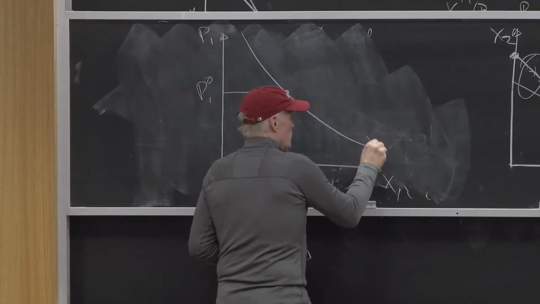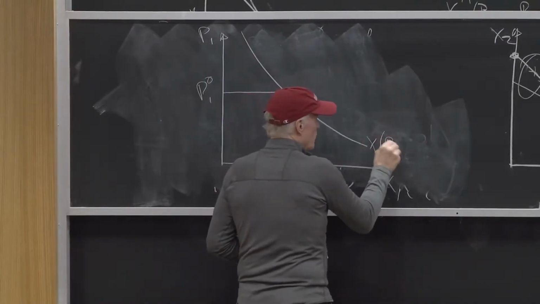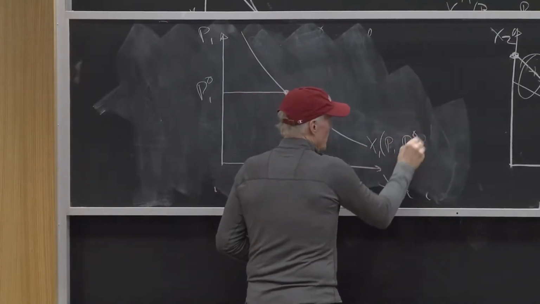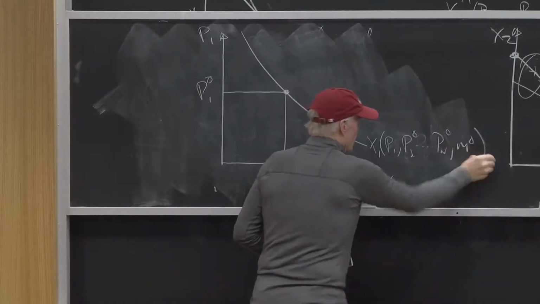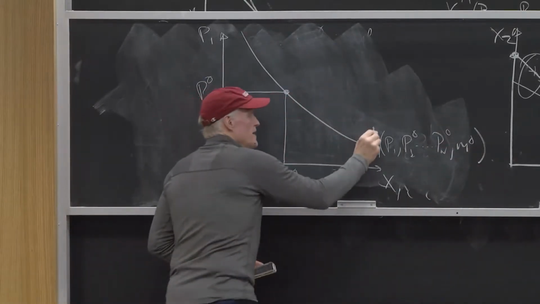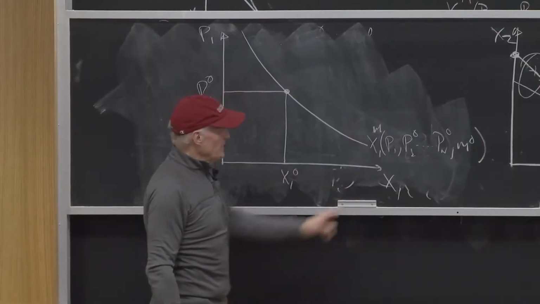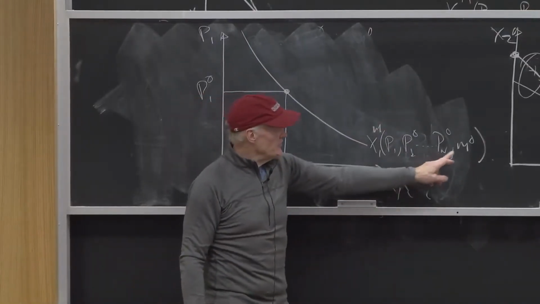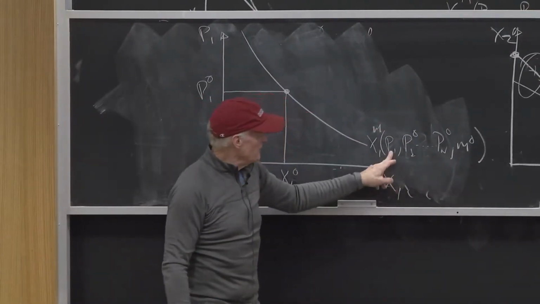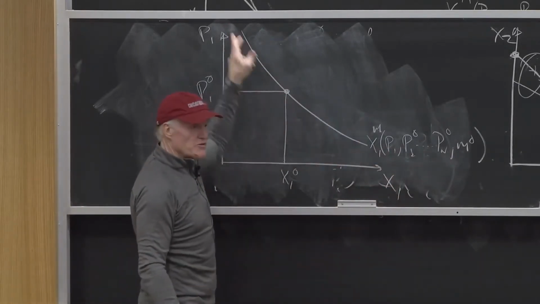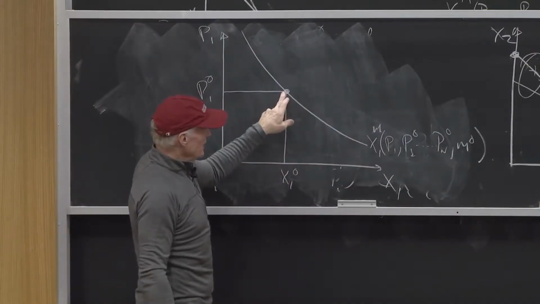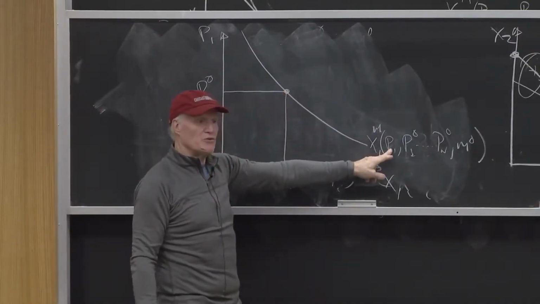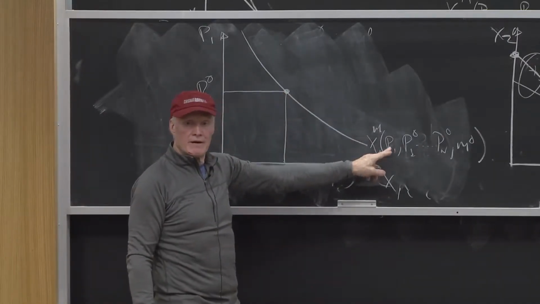This is X1 of P1, P2 naught, up to Pn naught, M naught. Right? So that's my Marshallian demand curve corresponding to some initial set of prices, initial income, and I'm letting the price of good one vary. That traces out my Marshallian demand curve. That's my initial point. And if I'm just going to change the price of good one.